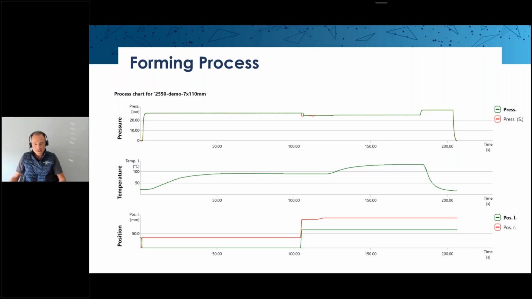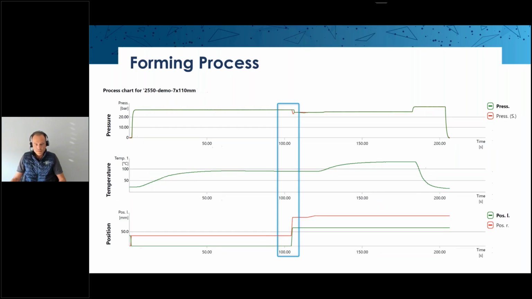And then we make the stretch. As we can see in the blue frame, everything should be at the same time. So we see a pressure drop, which indicates that we have a balloon. And on the positioning, we see it's done at the same time as we have done the stretch.